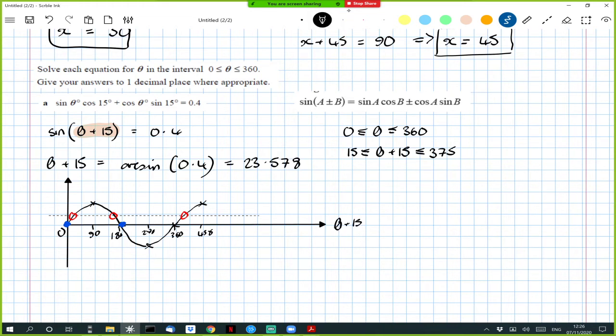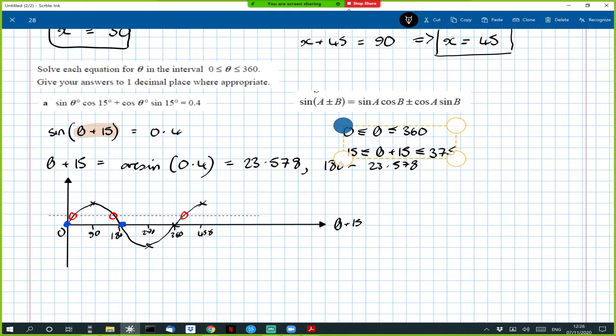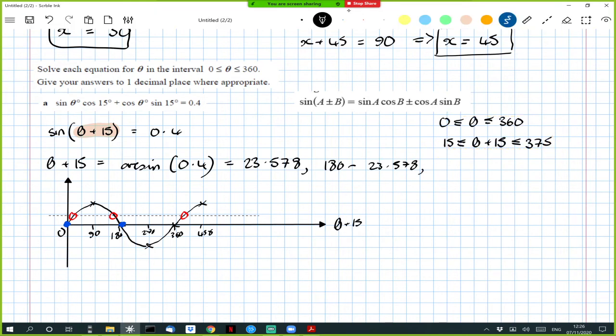So it's 180 minus 23.578. Move those up a little bit for tidiness. And then, again from the bottom of the hill, we're going to have to walk again 23.578 to the right.